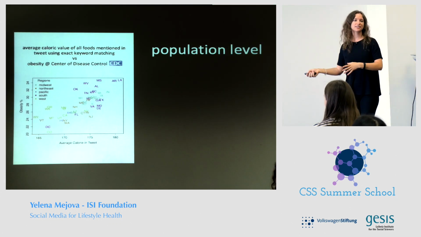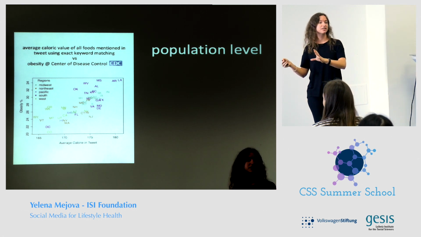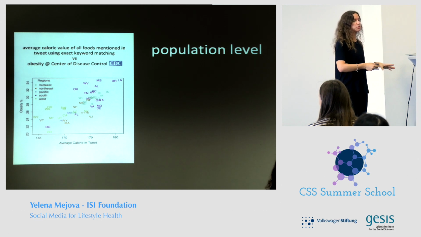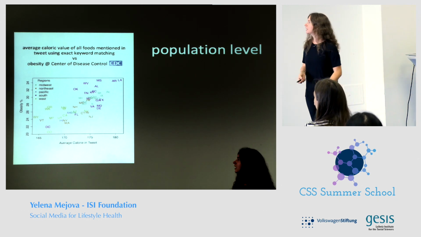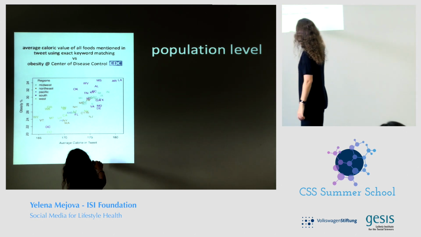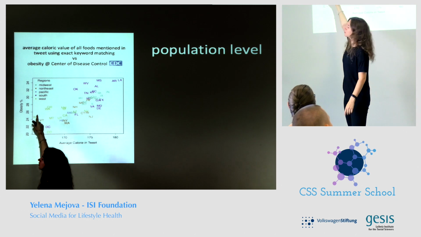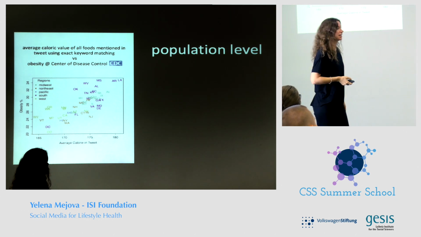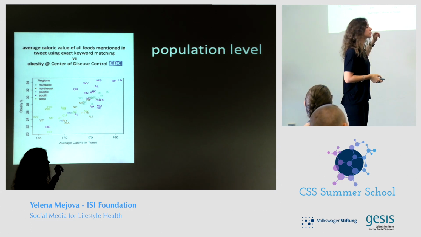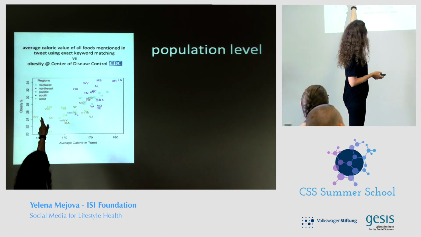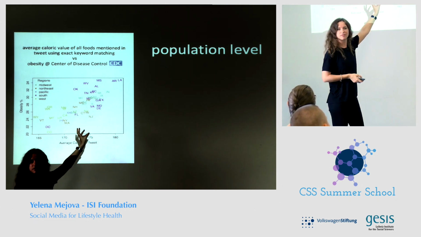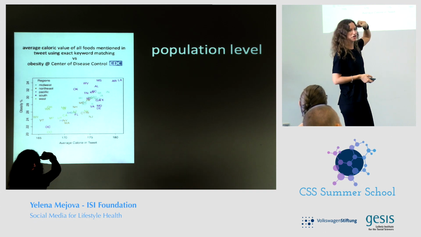So we have on one side aggregate statistics about people's health. On the other side, the caloric values that people have tweeted about. So now we can kind of relate one to another. So this is the average caloric value of the tweet, and this is the obesity percentage in that state. People who live in the states may recognize right away that there's this south bunch of purple states that are notorious for having bad healthcare outcomes.